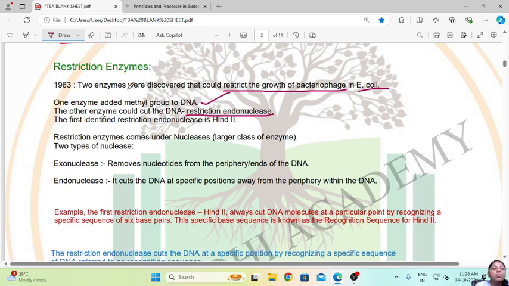The first identified restriction endonuclease is the Hind2. This is the name of the restriction enzyme and it is Hind2. So the restriction enzymes come under the nucleases, which is a larger class of enzymes.